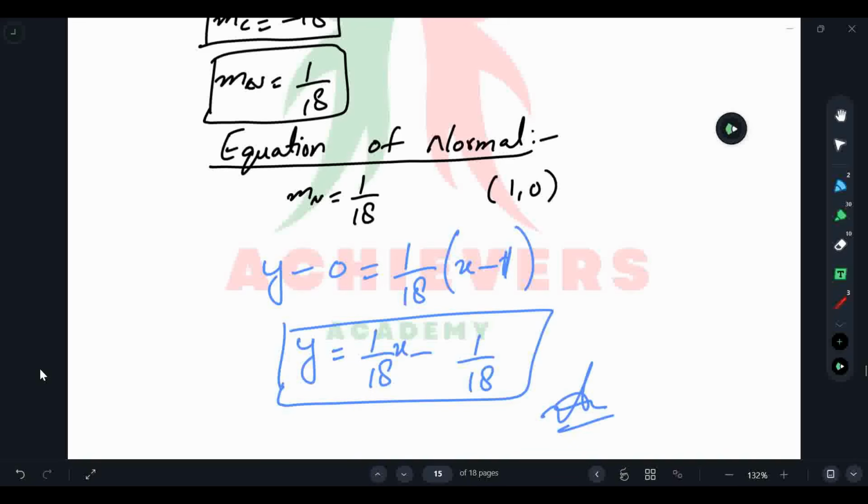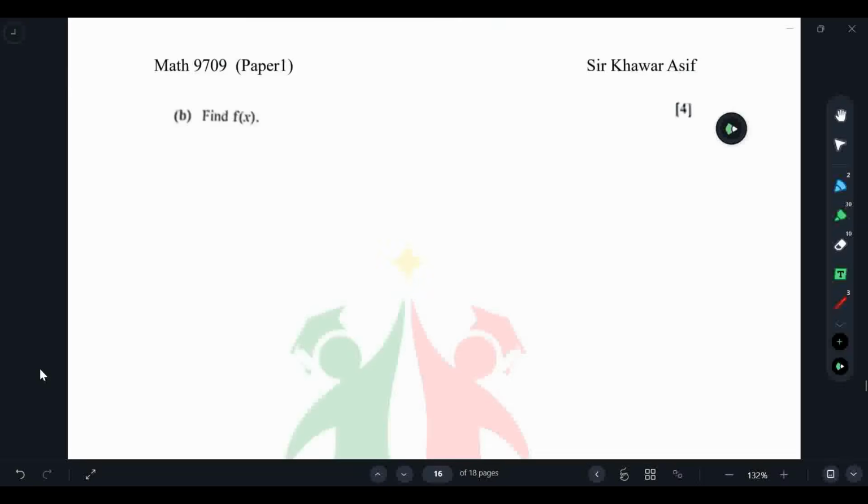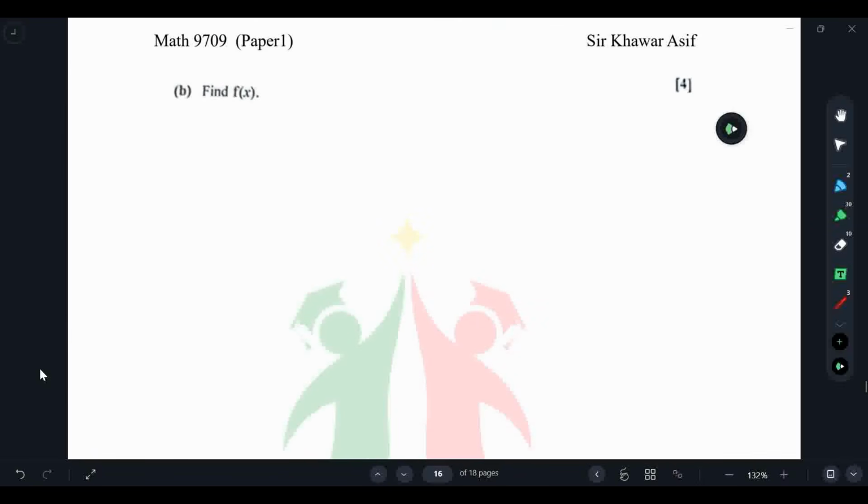Let's move to the second one, the B part. Find f of x. Now it was given in the first part that this one was 8 into 2x minus 3 whole power 1 by 3 minus 10x power 2 by 3.